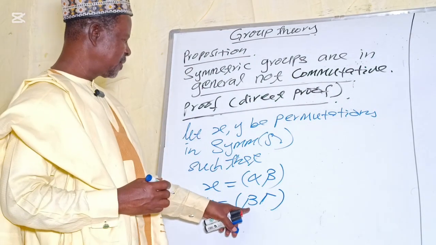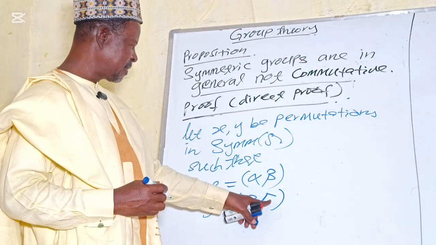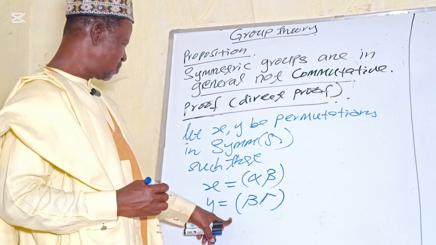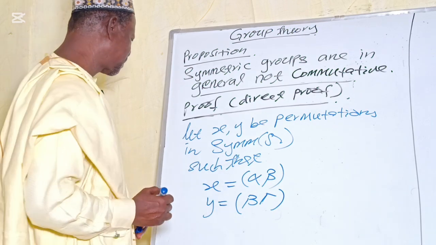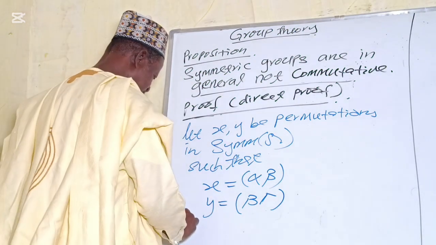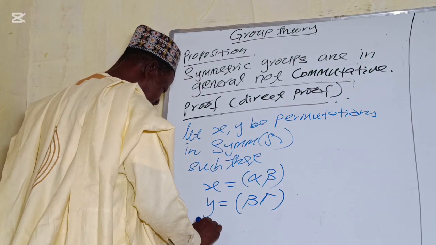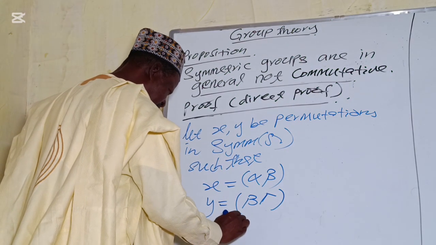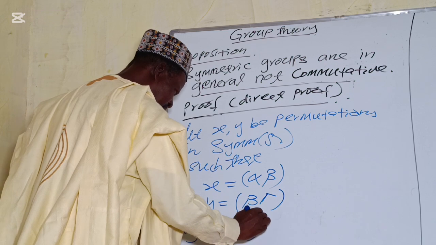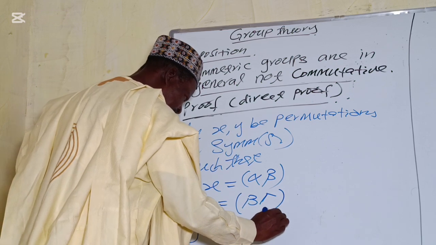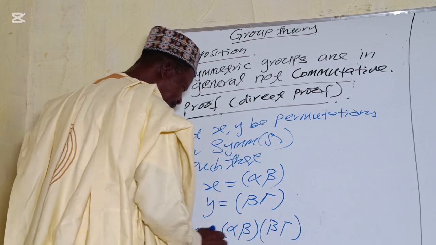This says beta is mapped onto gamma and gamma is mapped back onto beta. So what is xy then? The permutation xy will be (alpha beta)(beta gamma).